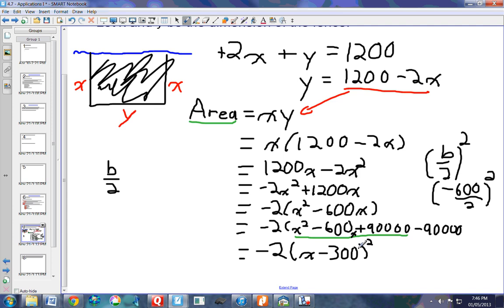Square this. Now that takes care of all the stuff I've underlined in green here. And then we're going to take this negative 90,000 out of the brackets, which means I need to multiply that by negative 2. So negative 90,000 times negative 2 is positive 180,000. Okay, so that is the square completed.